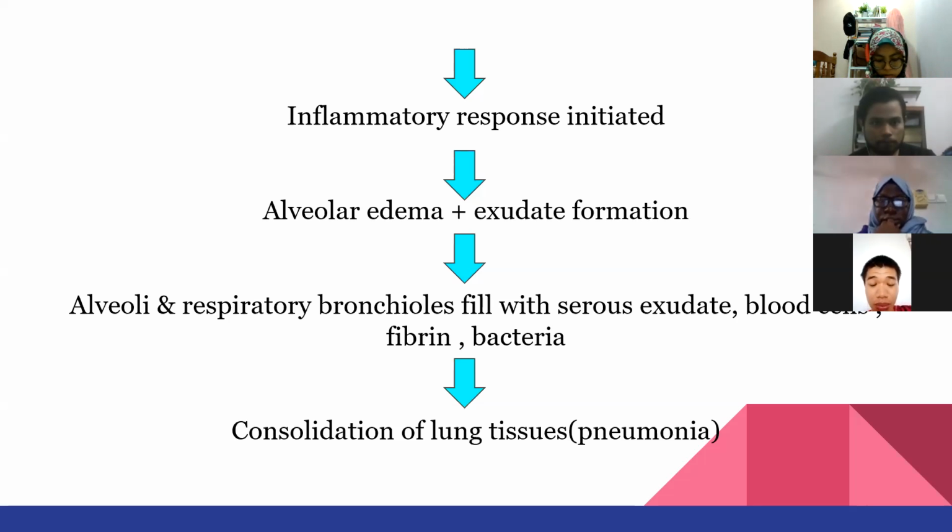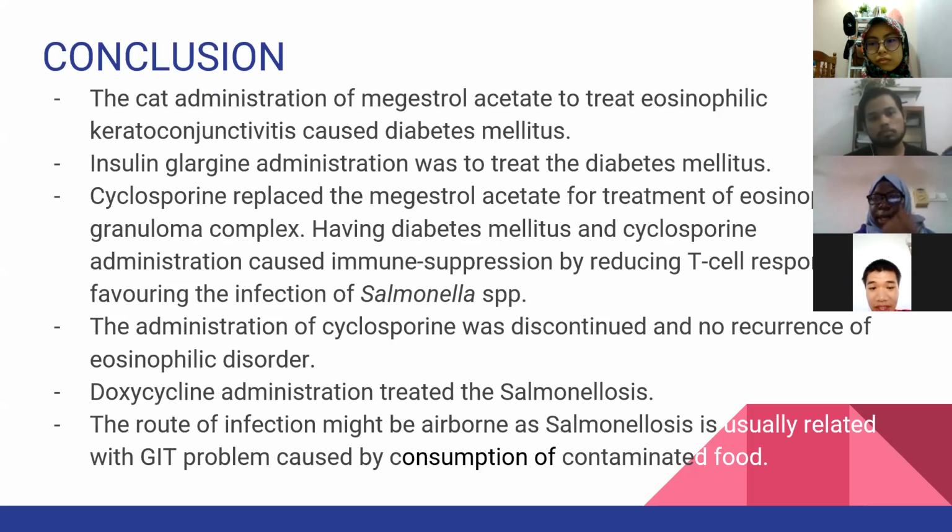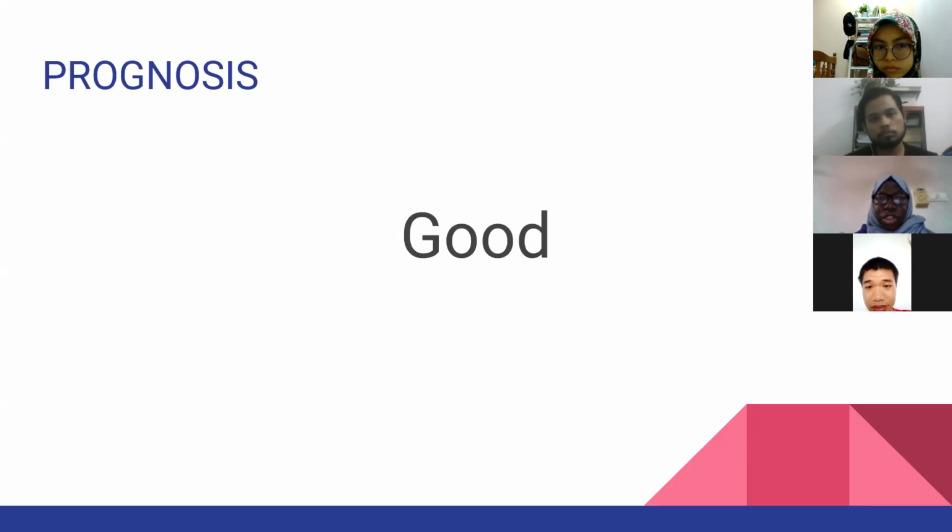This will cause the alveoli and respiratory bronchioles to be filled with serous exudate, blood cells, fibrin, and bacteria. And the end result will be the consolidation of lung tissues, from which we can see how the Salmonella eventually brought this pneumonia to the cat in this case. Again, depending on the treatment plan and the pathophysiology, the prognosis was considered good.